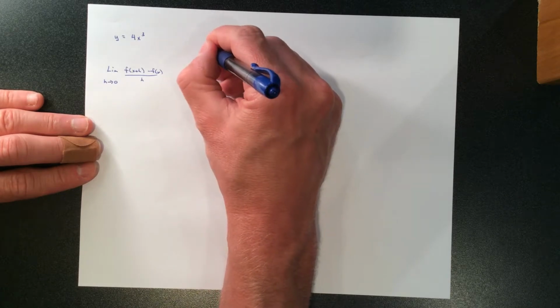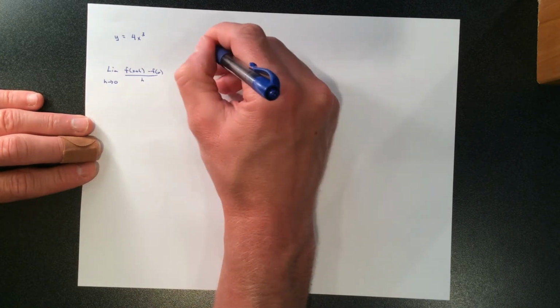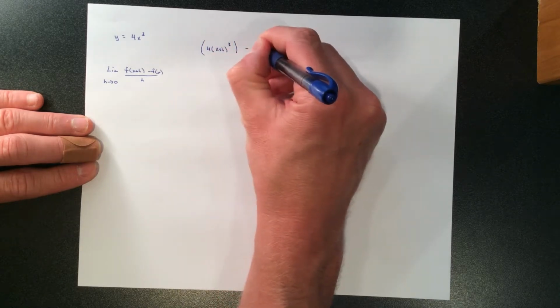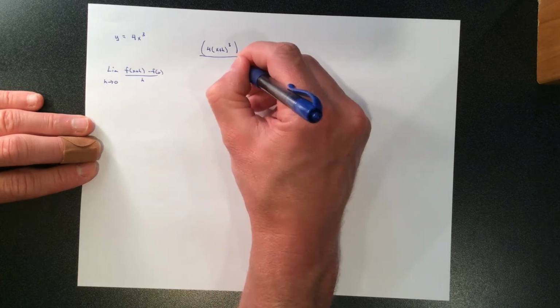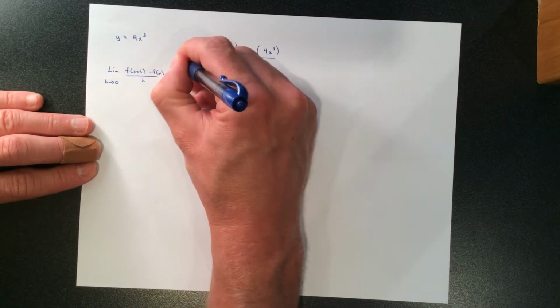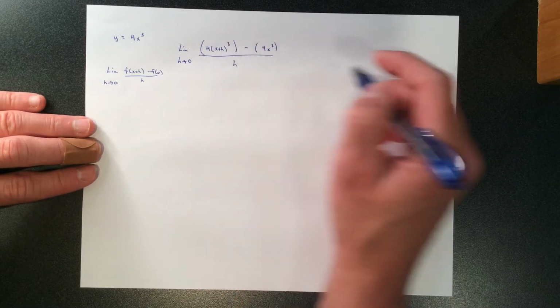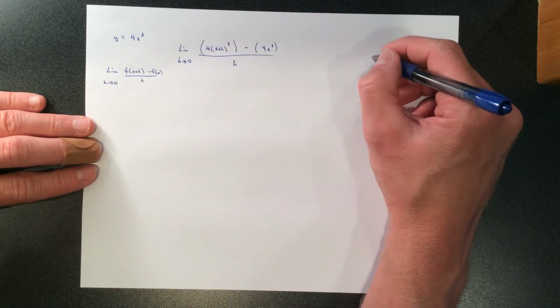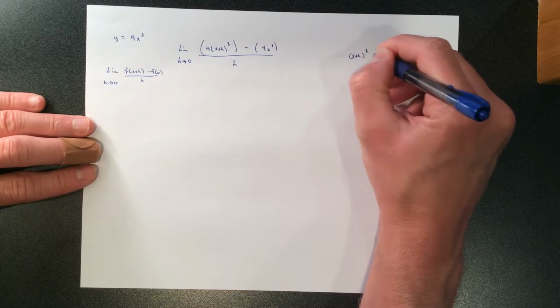Okay, so this is 4 times x plus h cubed minus f of x, which is just 4x cubed, all over h. And of course, we are looking for the limit as h goes to 0. Okay, so we got to cube this thing. So off to the side here, you might want to do some work of what is x plus h cubed.